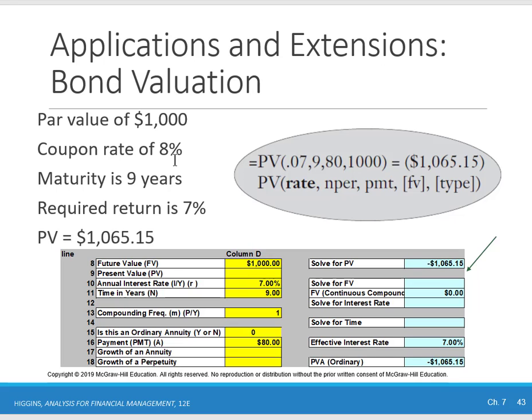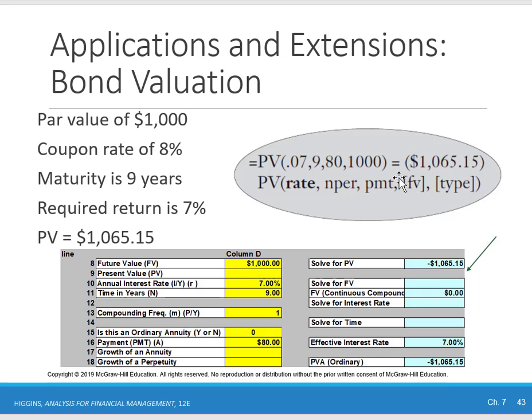So if you put 8% times 1,000, that means you're going to receive $80 a year for 9 years. So you get $80 down here. It's 9 years. The required return is 7%. So the value of this bond is negative $1,065 and some pennies.